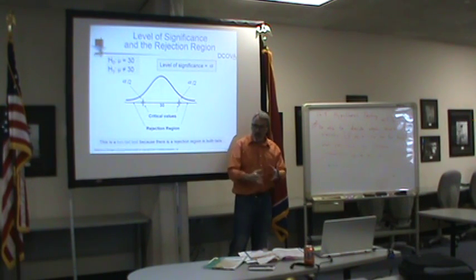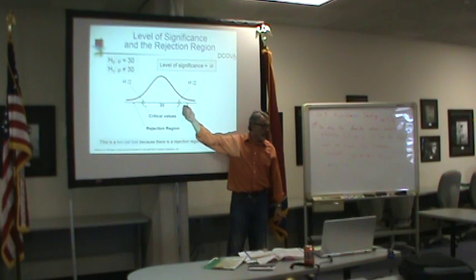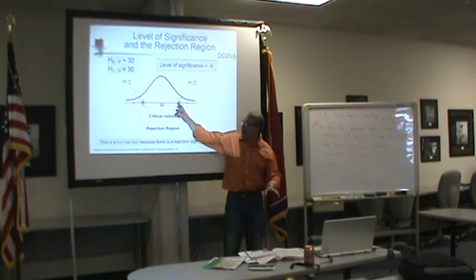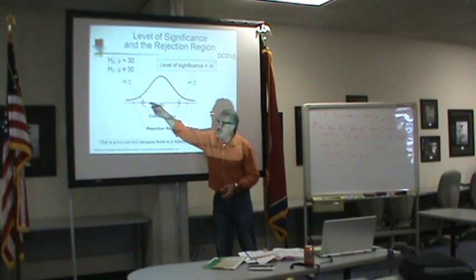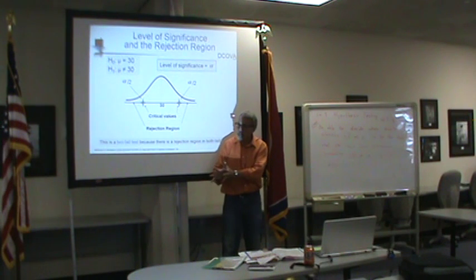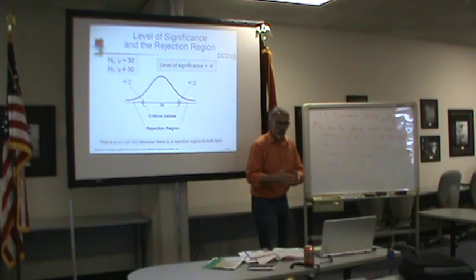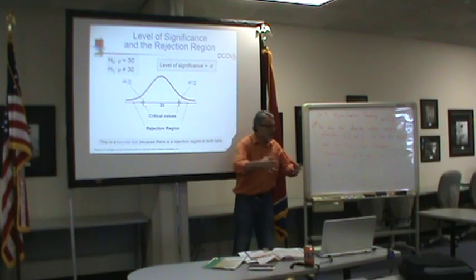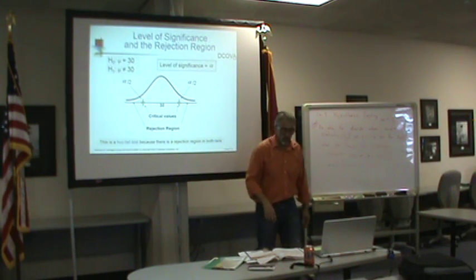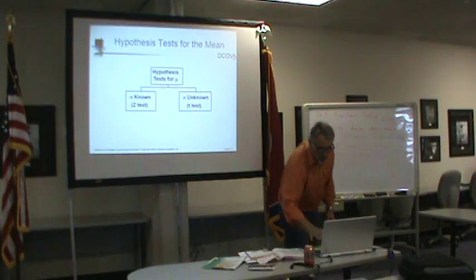In a one-tailed test, I put all 5% on one side. That's the only difference. So your critical value will be different, right? Here I put 5 and 5, 10% in a one-tailed test, I cram it all on one side. But your statement is what you're dealing with. What do you care about? How do you state it?